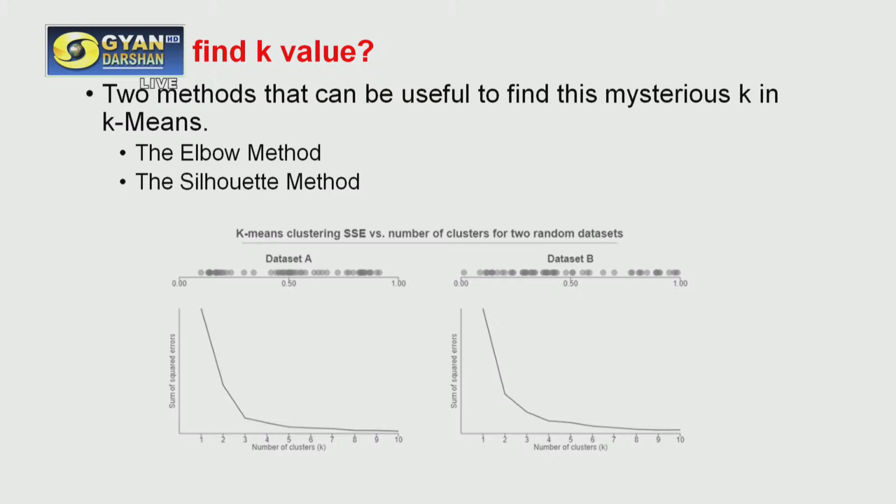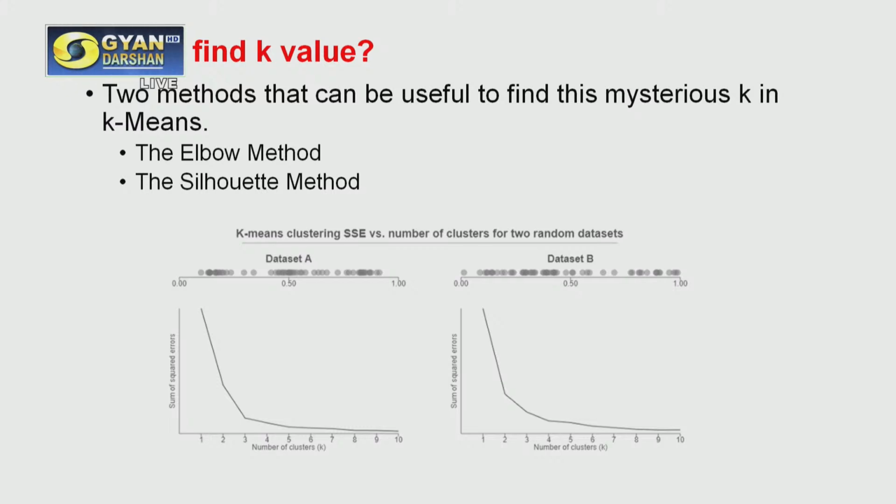Then we have the Silhouette method, which also shows some kind of bend or tilt between the different clusters. Again, what we are going to do is look at the sum of squared error until it reaches a stable condition, and after that there is not going to be any change. So we know that we have found the exact value of k.